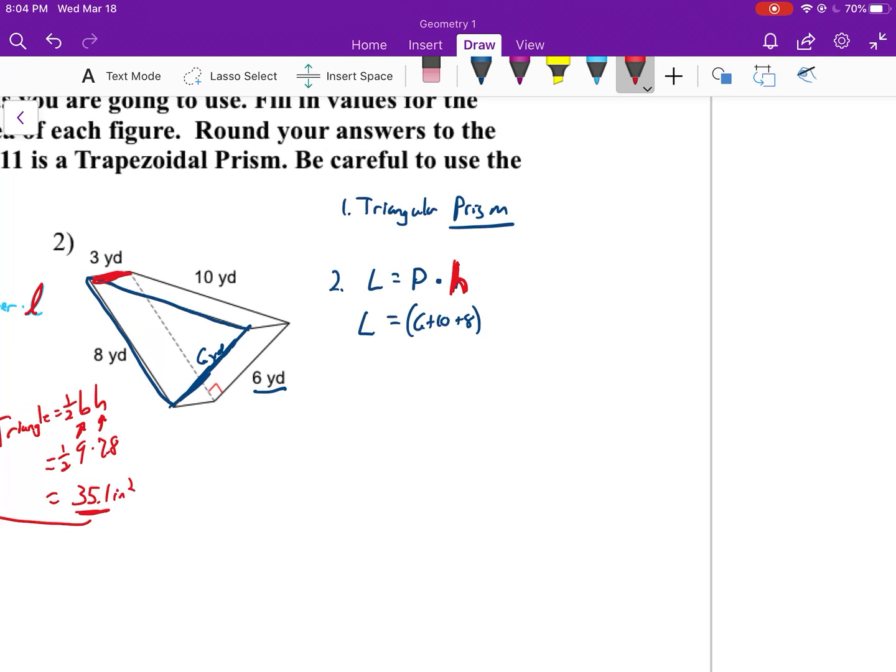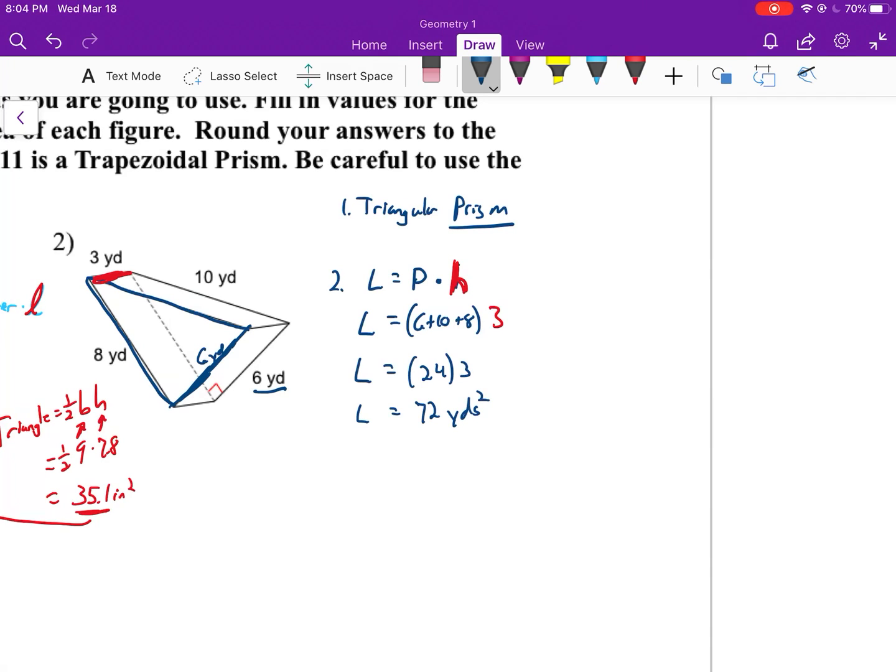So if it were resting on the triangle, that would be the height. So the height is 3 yards. And so now we can find the lateral area. 6 plus 10 plus 8 is 24 times 3. And so our lateral area is 24 times 3, which is 72 yards squared.